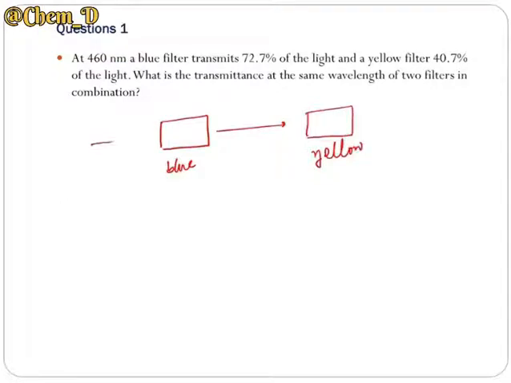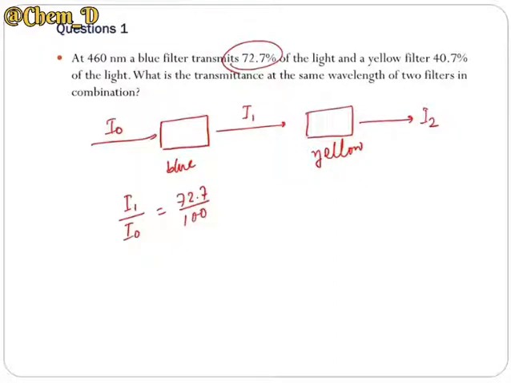Now here the incident intensity of the light is I0, and this is I1, here I2. Now I1 by I0, the first one, is given, which is 72.7%, and I2 by I1 is given, which is 40.7%.